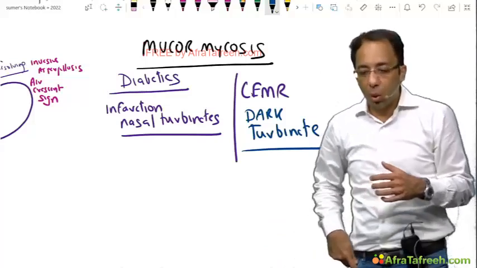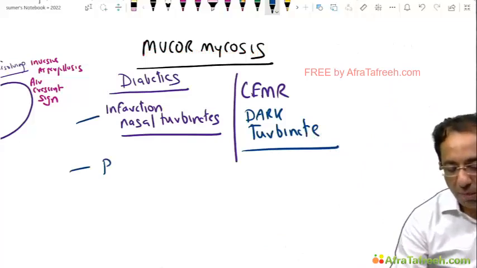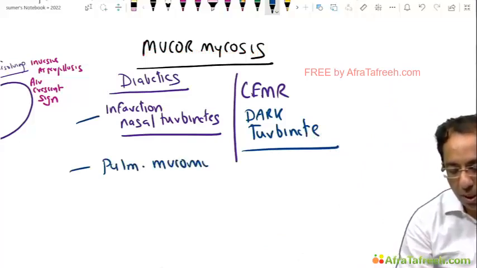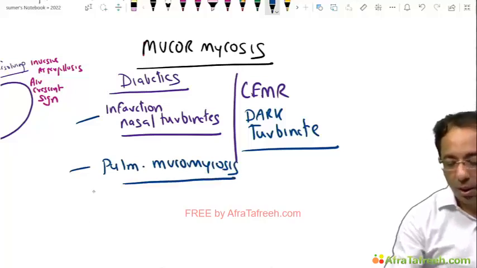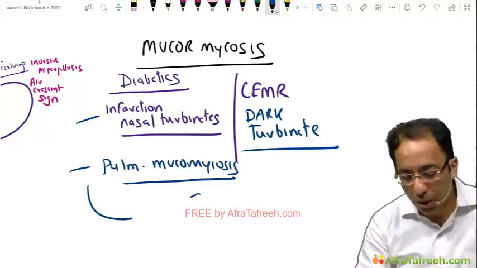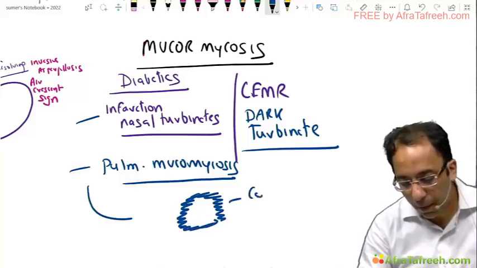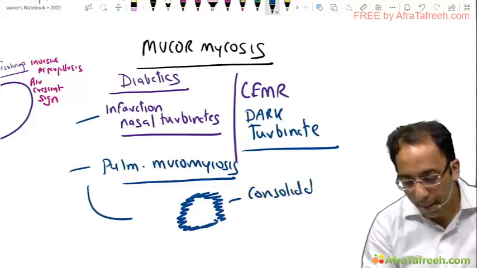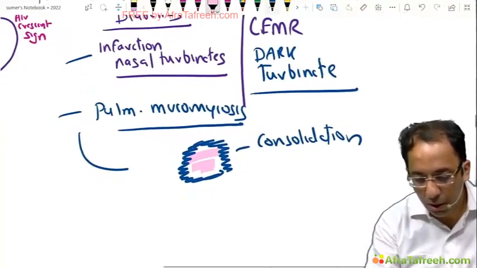Are you clear? And second, we now know it is possible to have pulmonary mucormycosis also, which earlier we were not talking about in classes in MBBS, but because of COVID it has become important. If you have pulmonary mucormycosis, it leads to consolidation with central ground glass.